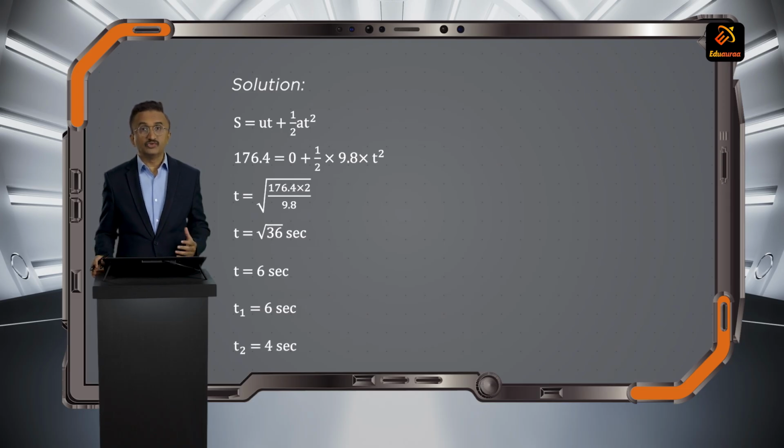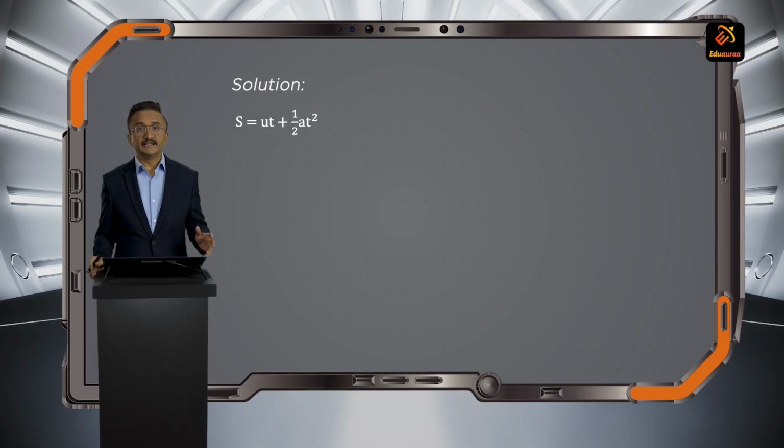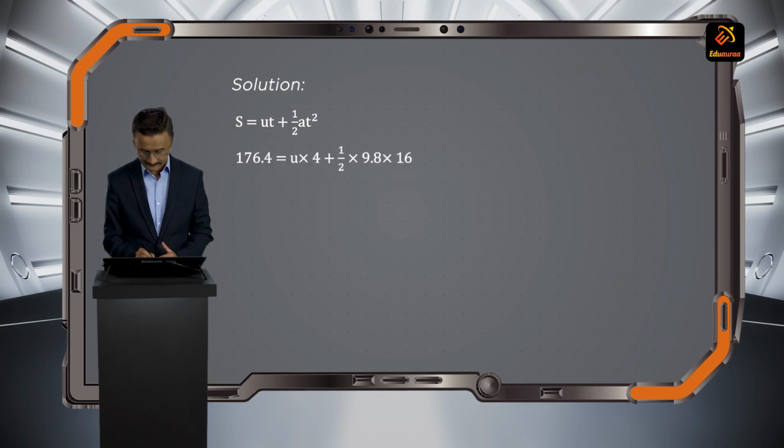So now I can use the same formula. S is equal to ut plus half at square. What is S? It is 176.4.